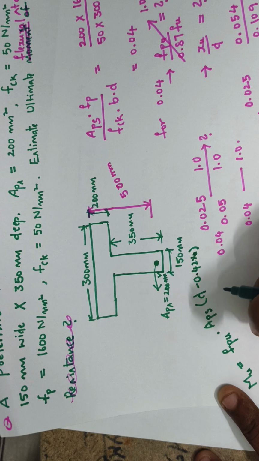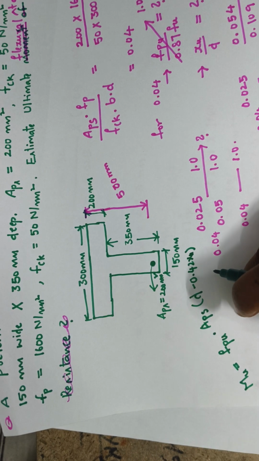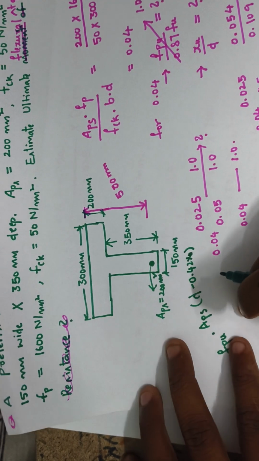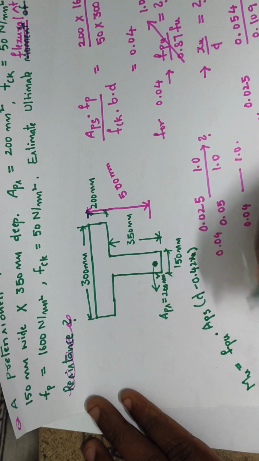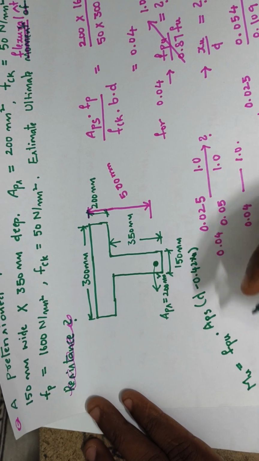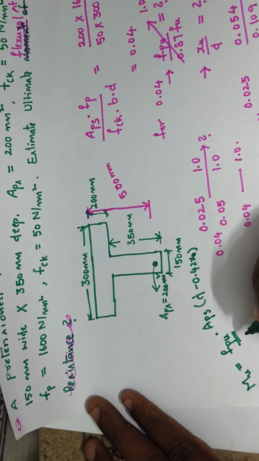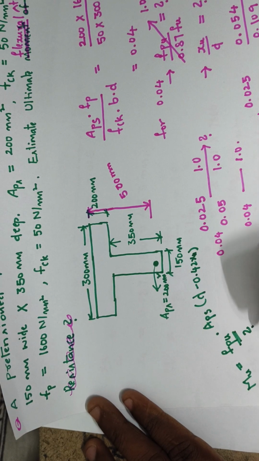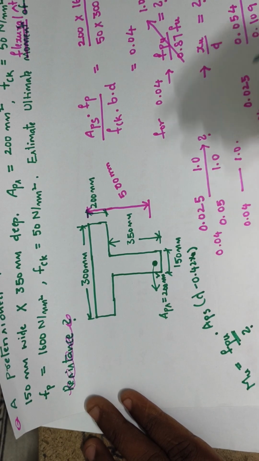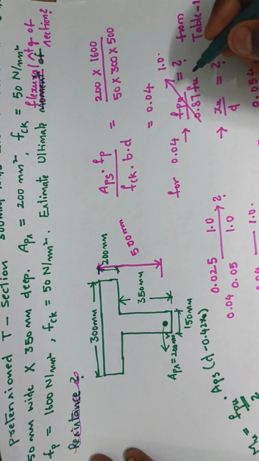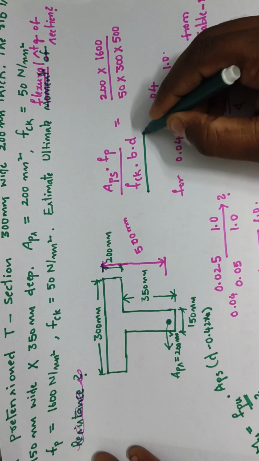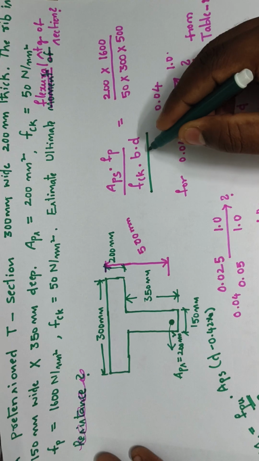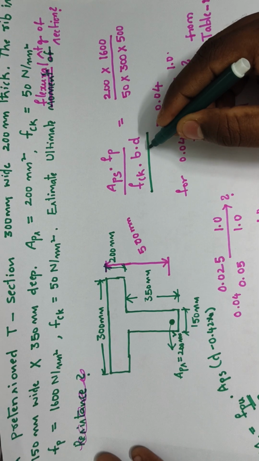We can get this formula from page number 52 of IS 1343, I think, right? Once we know this formula, here we need to determine this value. This value can be obtained from table 11 with the help of this term. That's why first we need to determine the value of this one.